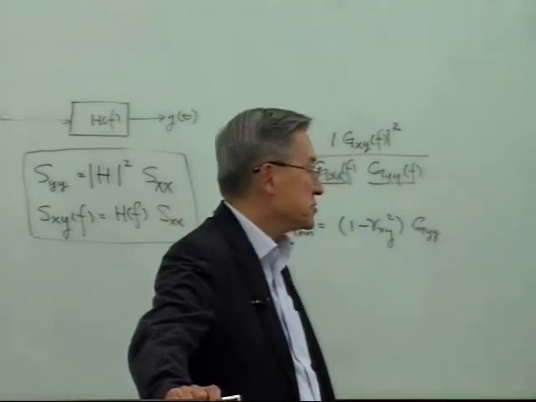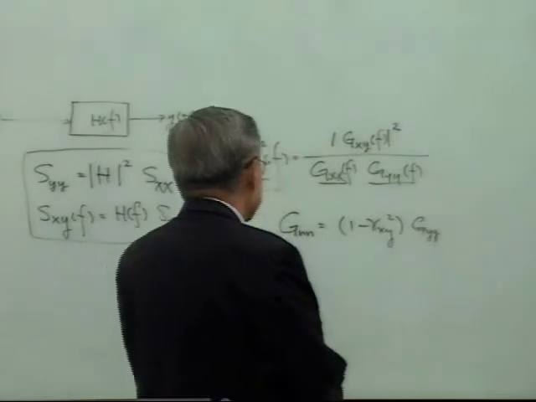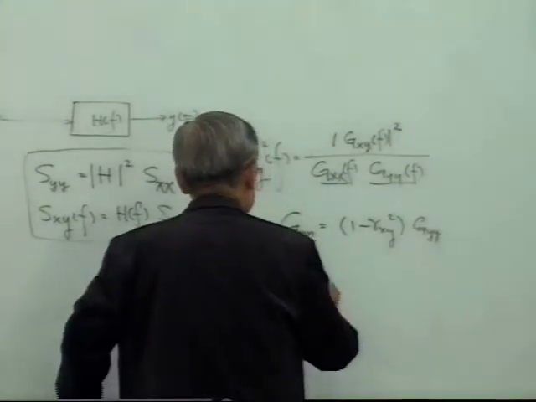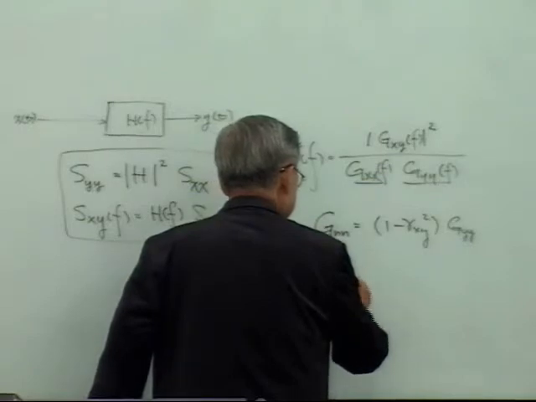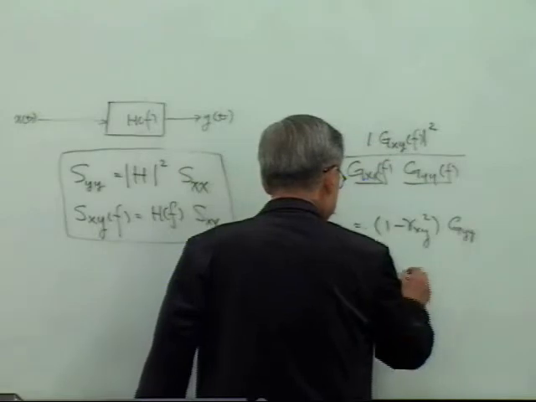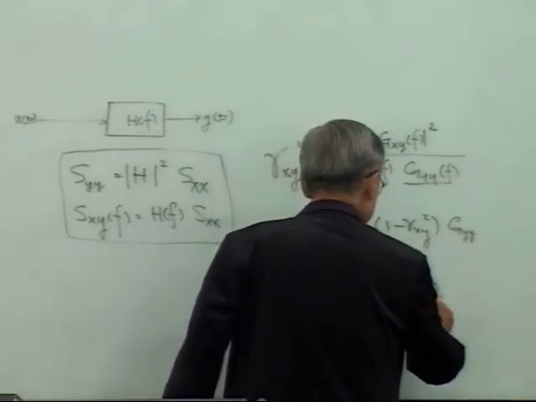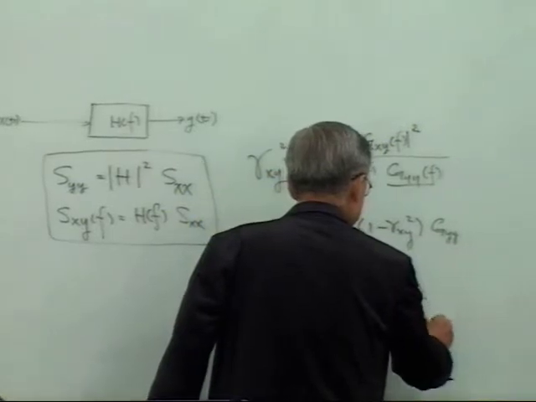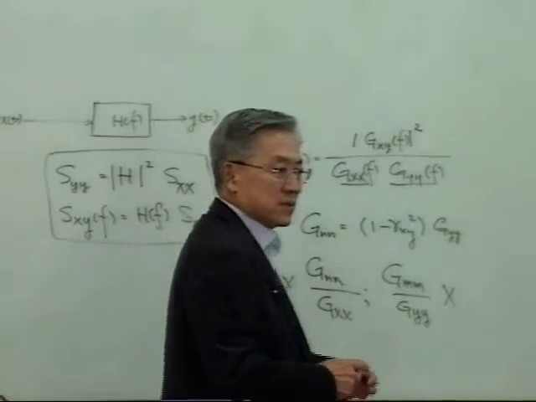You will never use GNN over GXX, it doesn't mean anything. GMM over GYY, you never use this kind of expression.